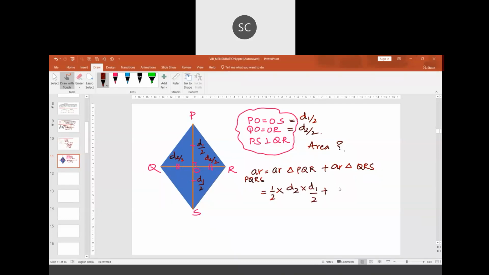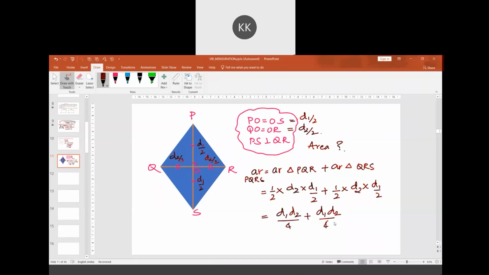Correct. Plus half into D2, in this triangle. QR is D2 and the height is D1 by 2. Are they not the same? Yes, they are the same, so we can add them up. This is D1 D2 divided by 4, to be added to D1 D2 divided by 4.